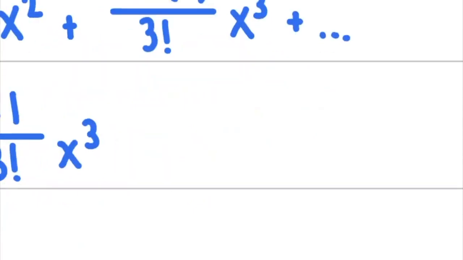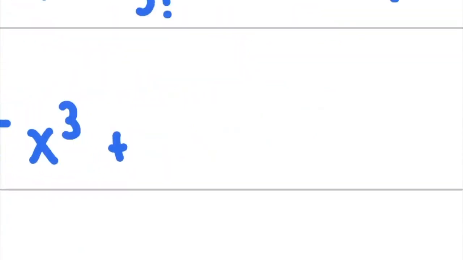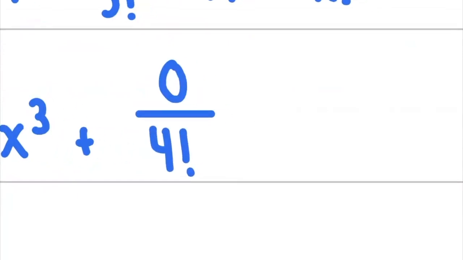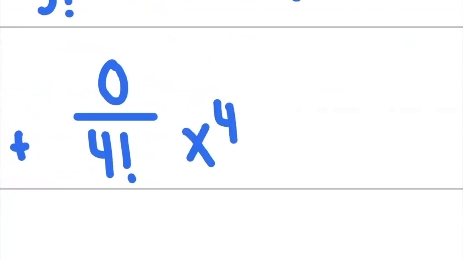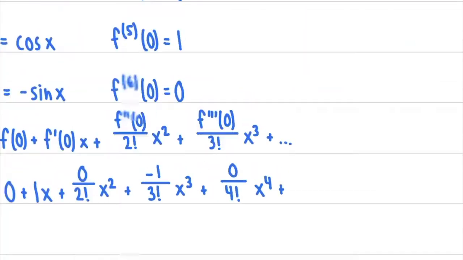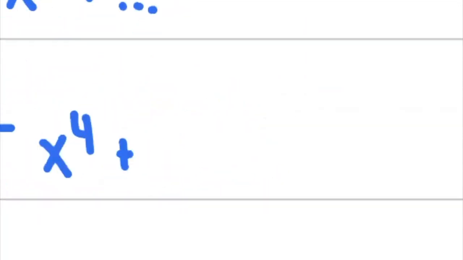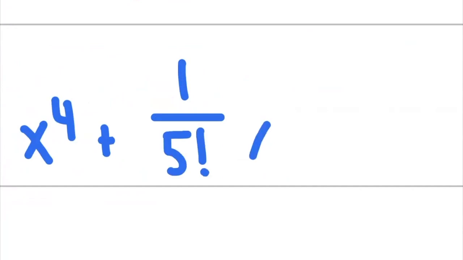And if you keep going, you'll get the fourth derivative, which is 0 over 4 factorial times x to the power of 4, plus the fifth derivative, which is 1. So 1 over 5 factorial times x to the power of 5.